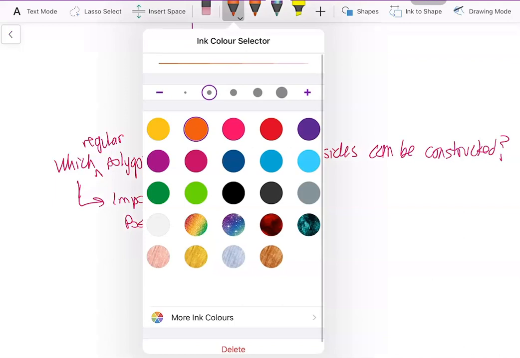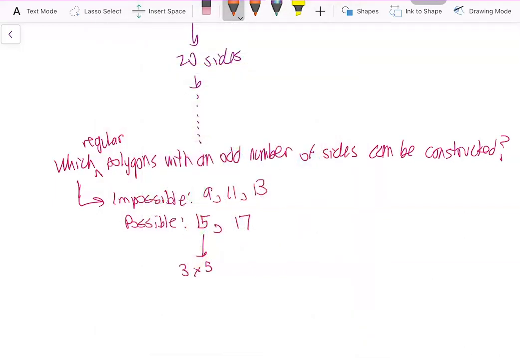An extra hard challenge is to try to construct a regular 17-gon, and the proof of constructability of a regular 17-gon was found by Carl Gauss in 1796.